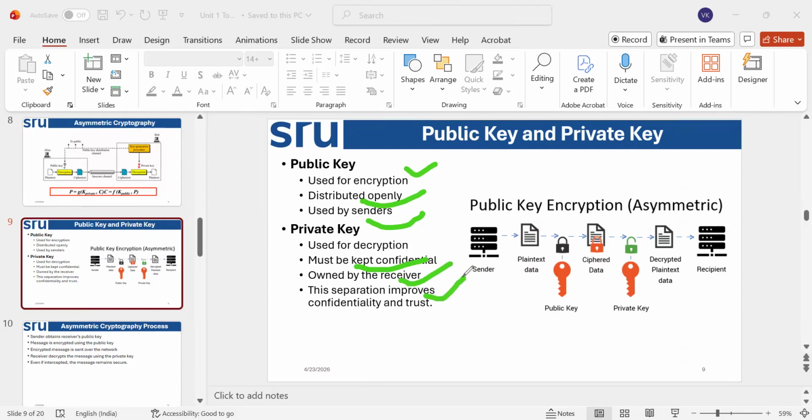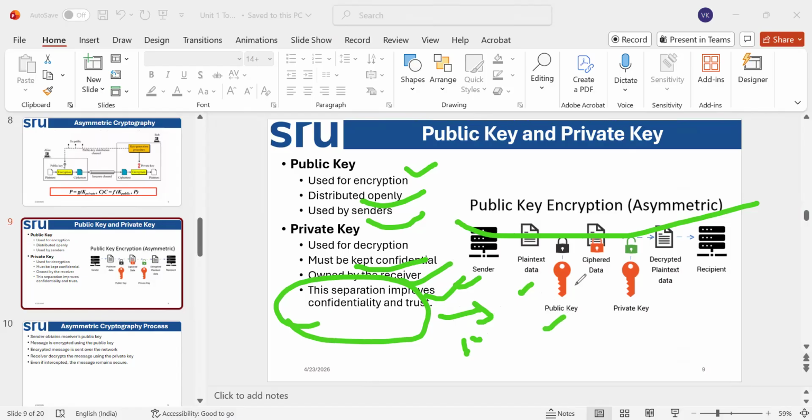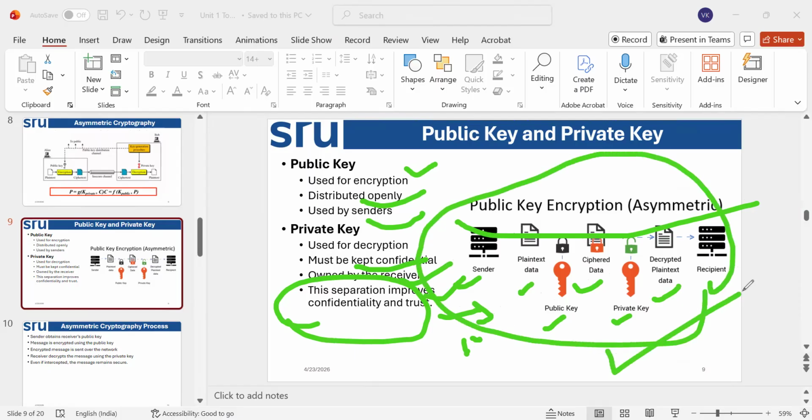This separation improves confidentiality and trust, because no sharing of the private key improves confidentiality and trust. So in public key encryption, asymmetric encryption: sender, plain data, public key, ciphertext data, private key, decrypted plain text data, recipient. Like that it works. I hope it covered all.